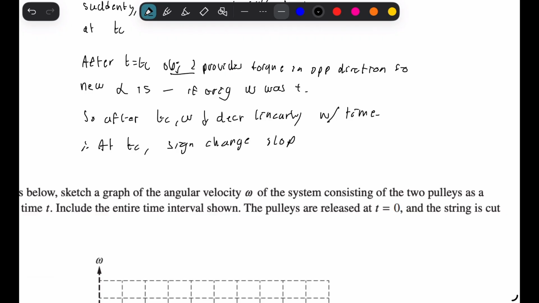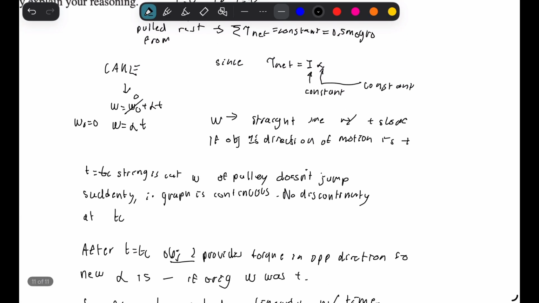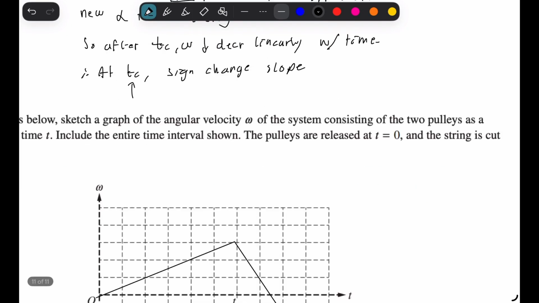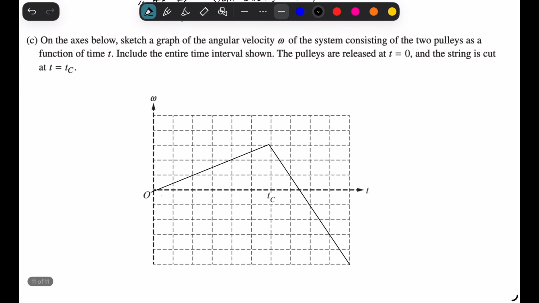So after we're at tc, your angular velocity is going to decrease linearly with time, because of the equation we found over here, right? And that means when we're at tc, we have a sign change of the slope, right? So then this is going to be our graph. At first it's increasing, then when you get to tc, it just drops linearly.